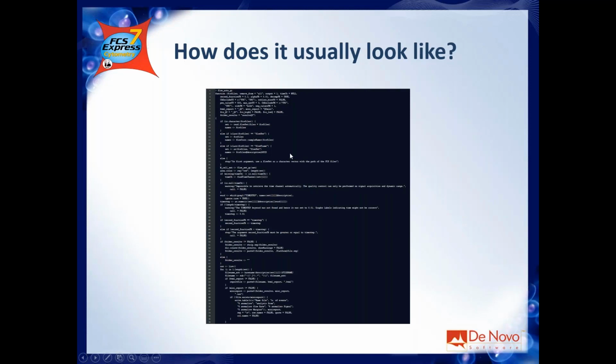Usually a pipeline looks like this, which is not super user friendly, I would say. This is what you see, for example, if you're coding with R, with Python, or whatever. Of course we're not asking you to deal with something like this, and you will see how we implemented pipelines in FCS Express, with a much more user-friendly interface.